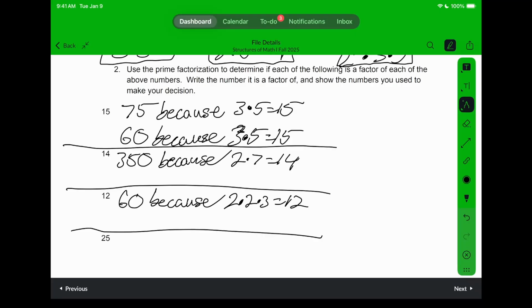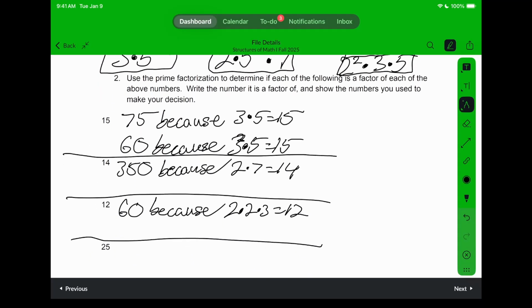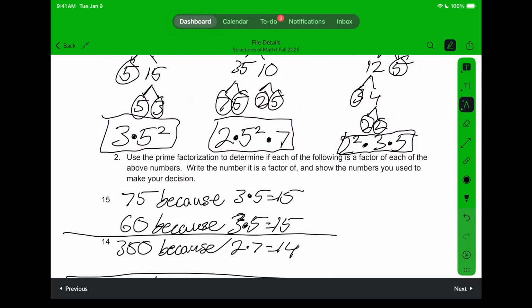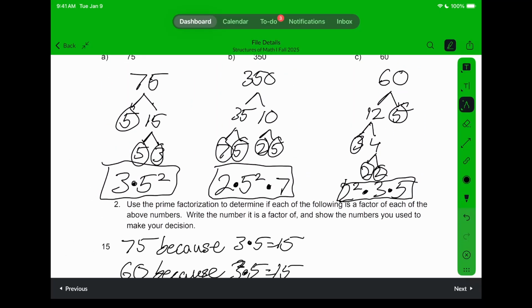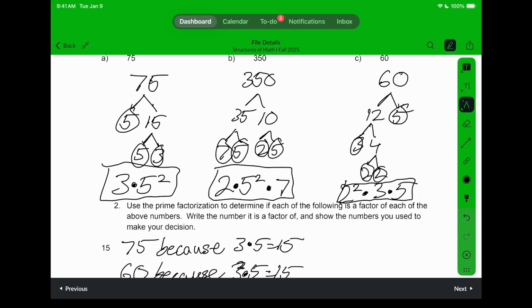And then finally, 25. 25, we're really looking for 5 times 5. And we have it in two places. 75, we have 5 squared. 5 squared is 25. Same thing with 350. 5 squared is 25. 60, we don't have that. Nothing out of those prime factors can equal 25.